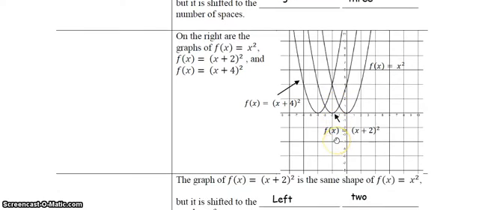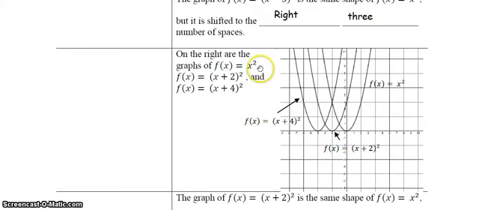So let's take a look at these three graphs. X squared, x plus 2 quantity squared, x plus 4 quantity squared. So x squared's here, x plus 2, x plus 4 quantity squared, that is, on both of those. Don't worry about how I graphed those right now.